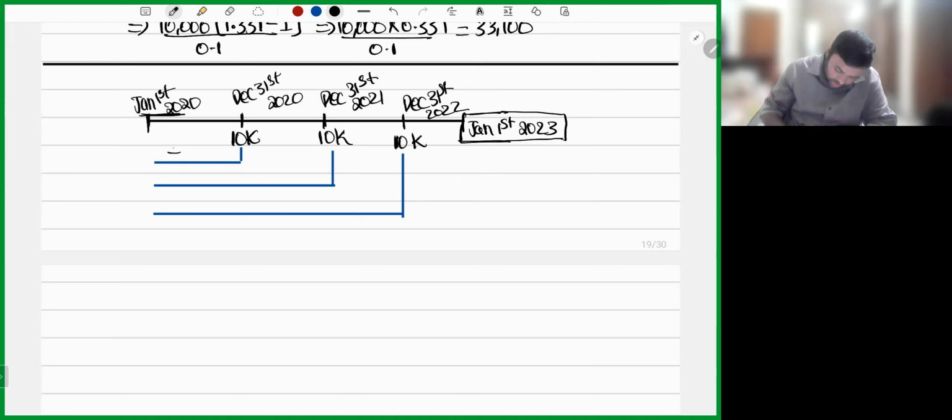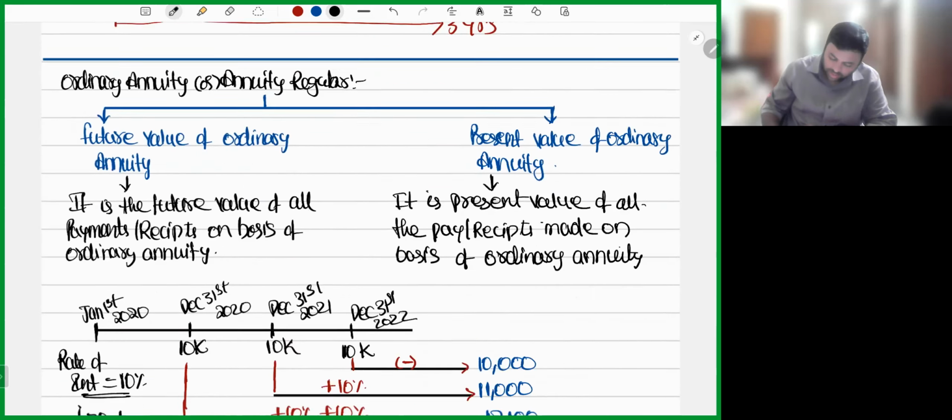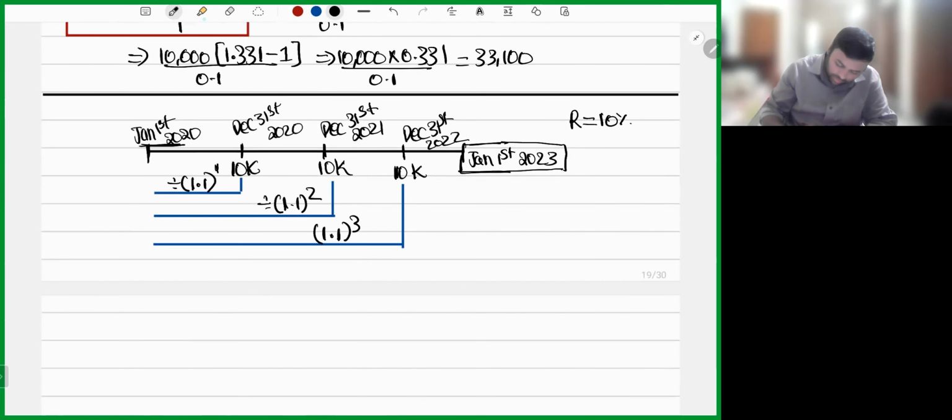So here 10,000 divided by 1.1. Sir, why 1.1? Rate of interest is 10%, right? Here 10,000 divided by 1.1 whole square. Here 10,000 divided by 1.1 whole cube. Sir, why like that? Simple. What is the time gap between January 1st and December 31st? 1 year. Time gap between January 1st, 2020 and December 31st, 2021? 2 years.